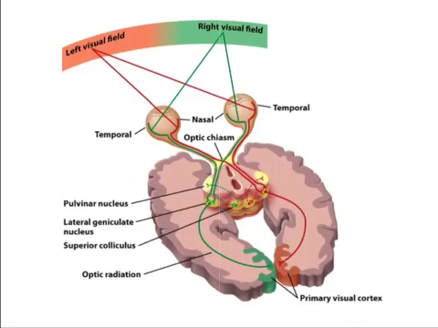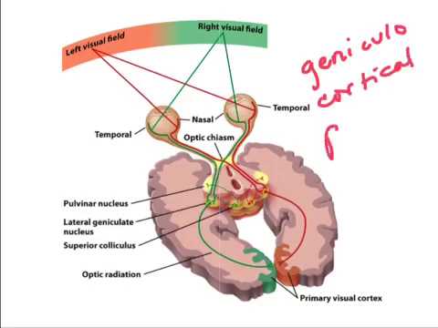These fibers then connect with axons here that project directly to the primary visual cortex. And this is known as the, and it's important you remember this, do it in red, geniculocortical pathway.